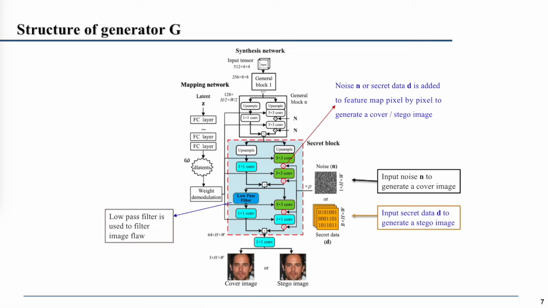It removes the defects on image contents and improves the quality of stego images. We can input noise or secret data into the secret block, and then noise or secret data is added to feature mapped pixel by pixel to generate a cover or stego image. Low-pass filter is used to filter image flaw in secret block, which can improve the image quality in visual.